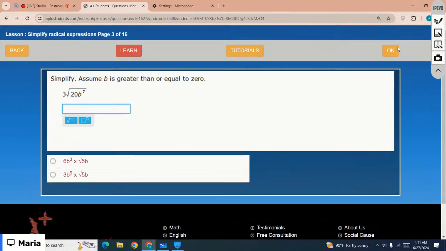Simplify 3 square root 20 b7, which is the correct option.